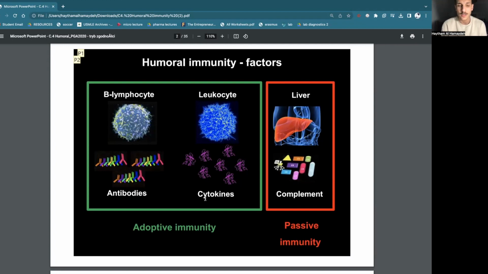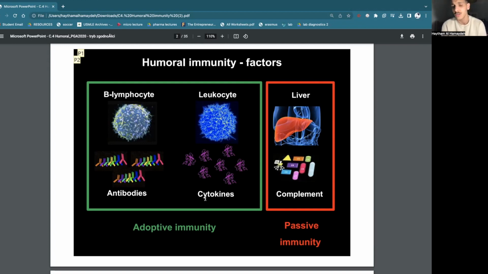Antibodies are used in so many things around the body, such as opsonizing foreign bodies, which helps, let's say, in phagocytosis, and even sometimes creating pores in the cellular structure of a bacteria. Cytokines are produced by cells such as T helper cells that help activate other cells to cause a more amplified immune effect.